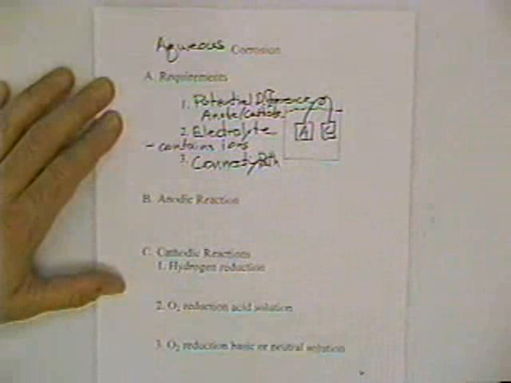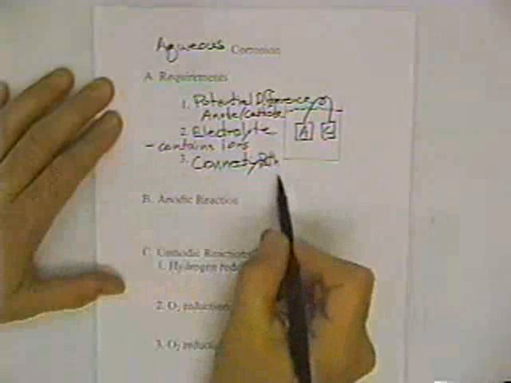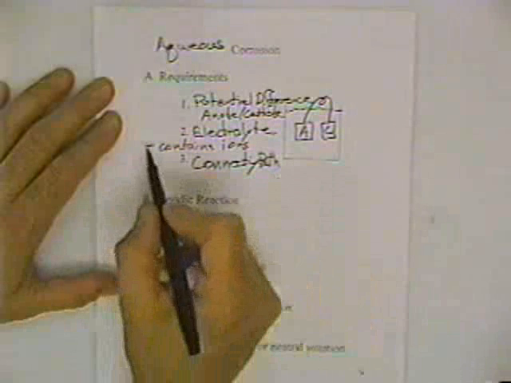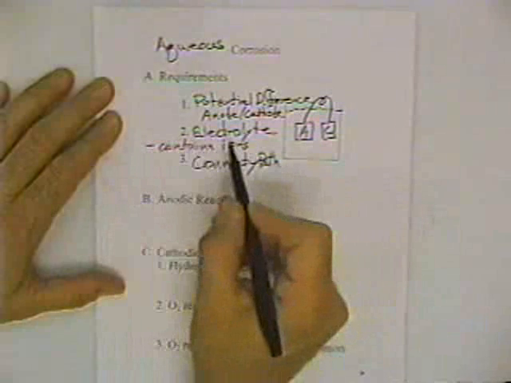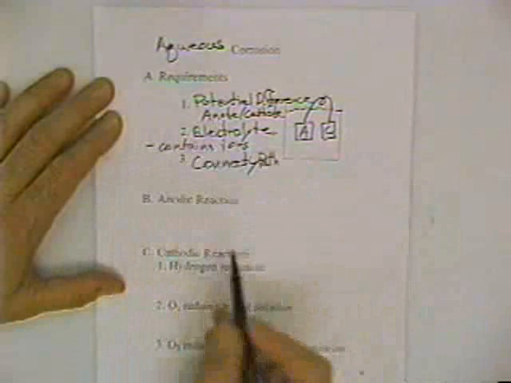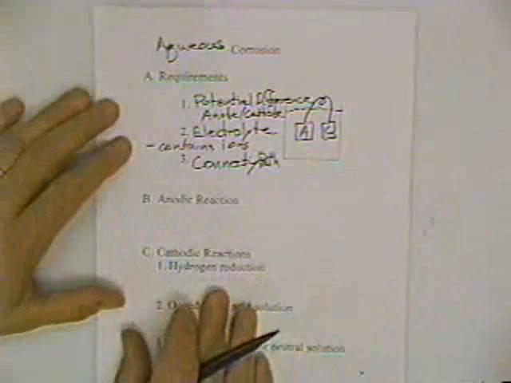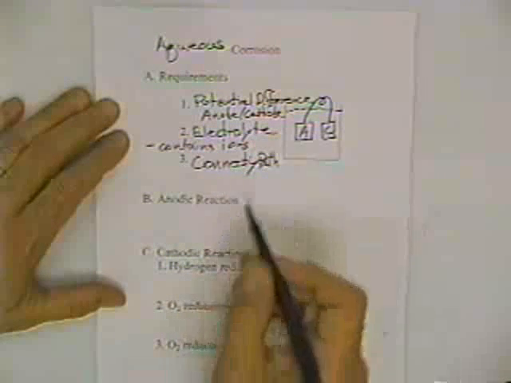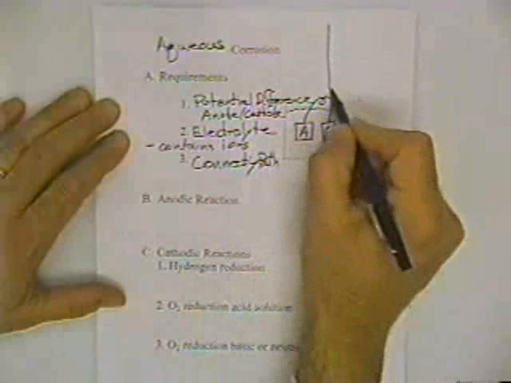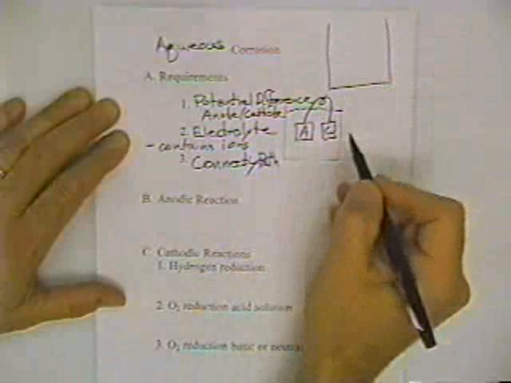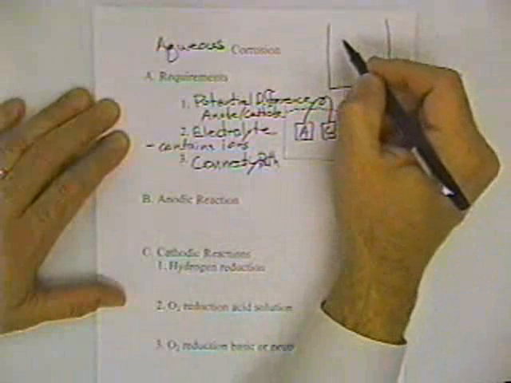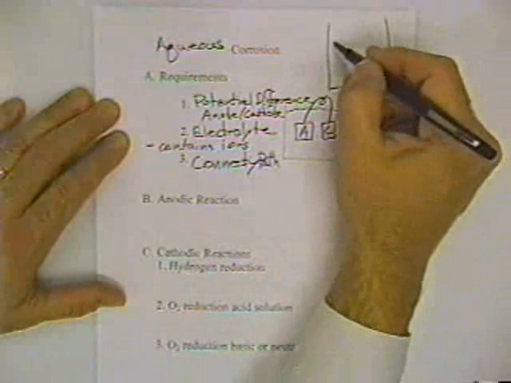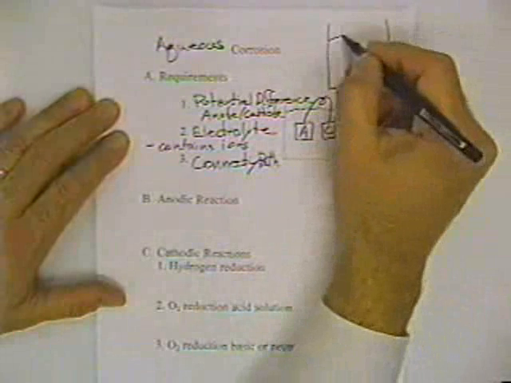Now we actually have learned 3 ways to stop corrosion. We could break the connecting path, we could remove the solution or keep it dry, and we can avoid the potential difference. Now this shows a separate anode and cathode, and we know that if we leave a hammer out overnight in the warm, damp air, in the morning there will be some rust on it.